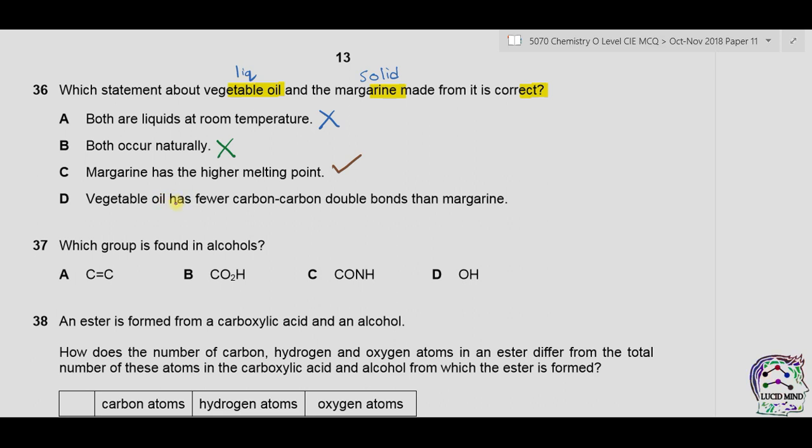This is incorrect because in vegetable oil the number of carbon-carbon double bonds is larger as compared to margarine, because oil having unsaturated carbon-carbon double bonds is then hydrogenated to form margarine, in which double bonds convert into single covalent bonds. So vegetable oil has more carbon-carbon double bonds as compared to margarine. This statement is wrong. Correct answer is therefore C.